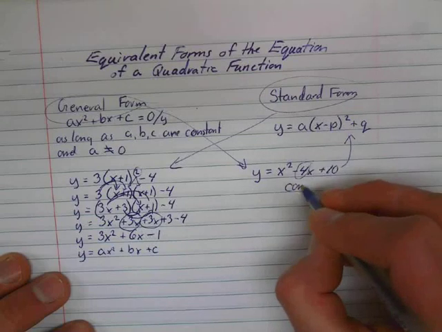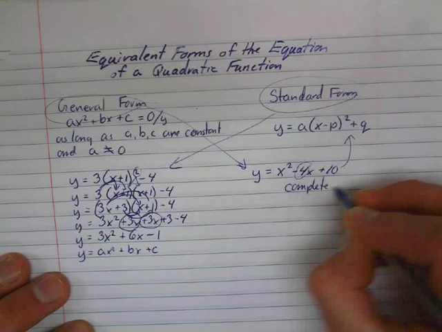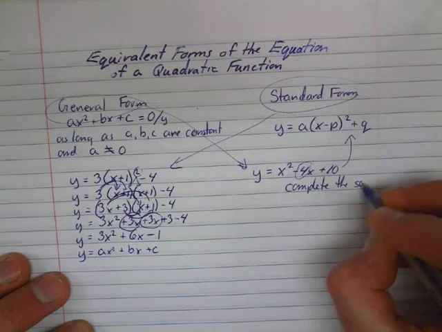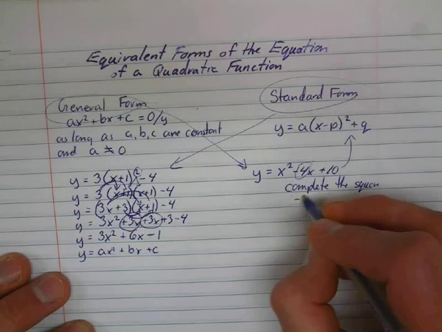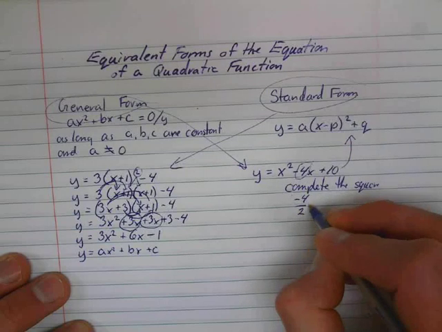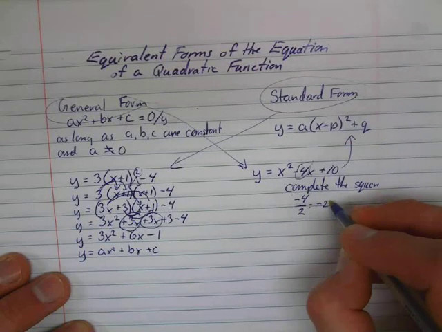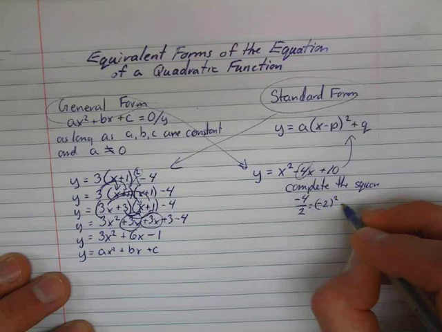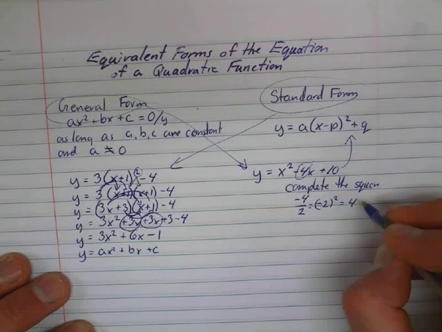We're going to complete the square. To do that, we take the negative 4, divide it by 2, and get negative 2, and then we square that negative 2, and we come up with 4.